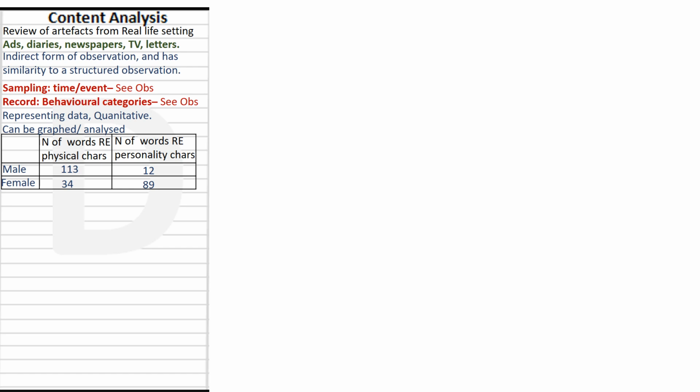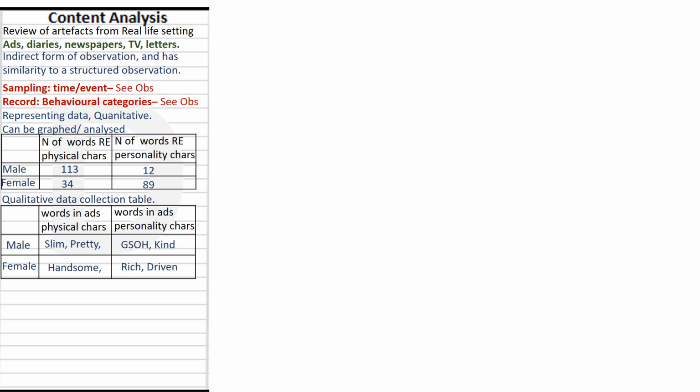So maybe it was about 12. And then we can see perhaps the flip reverse is that when females' looking-for advertisements were analysed, they focus less on the physical and more on personality. So we can see here that content analysis of large amounts of data can tell us something quite interesting about an aspect of human behavior. In this case, what males and females look for as partner preferences.